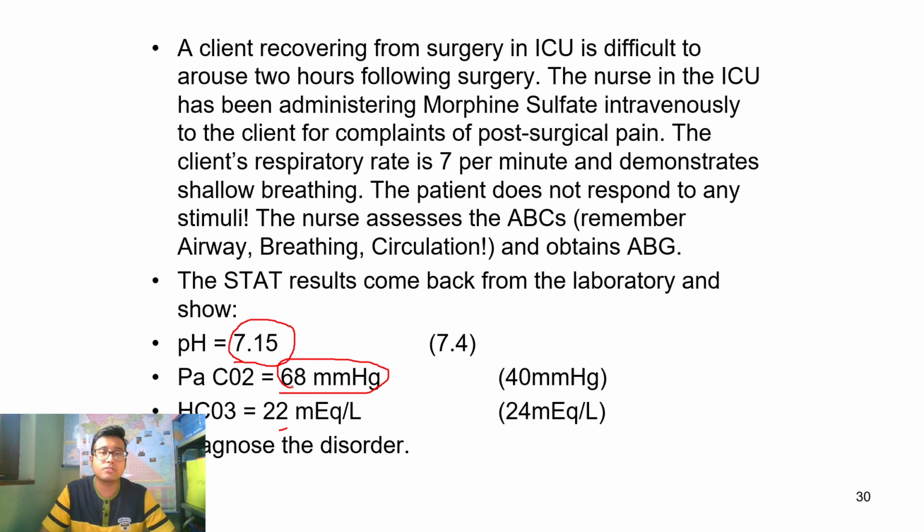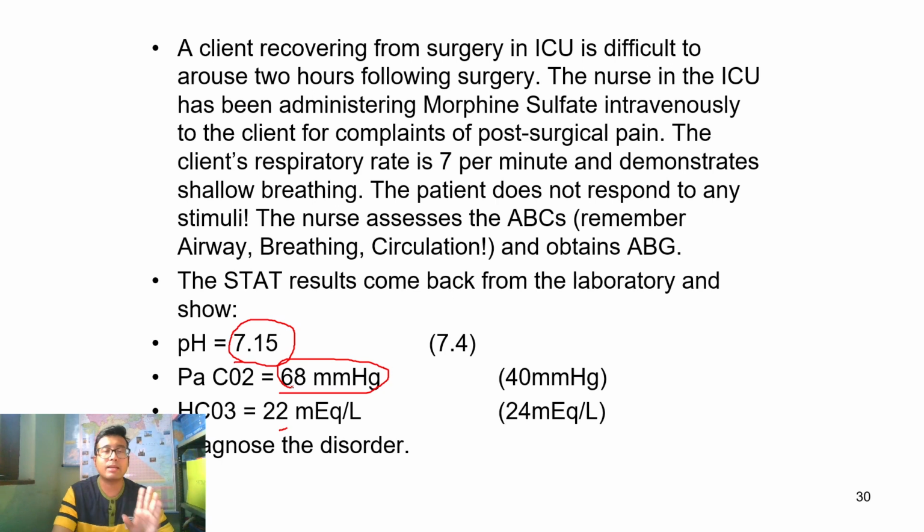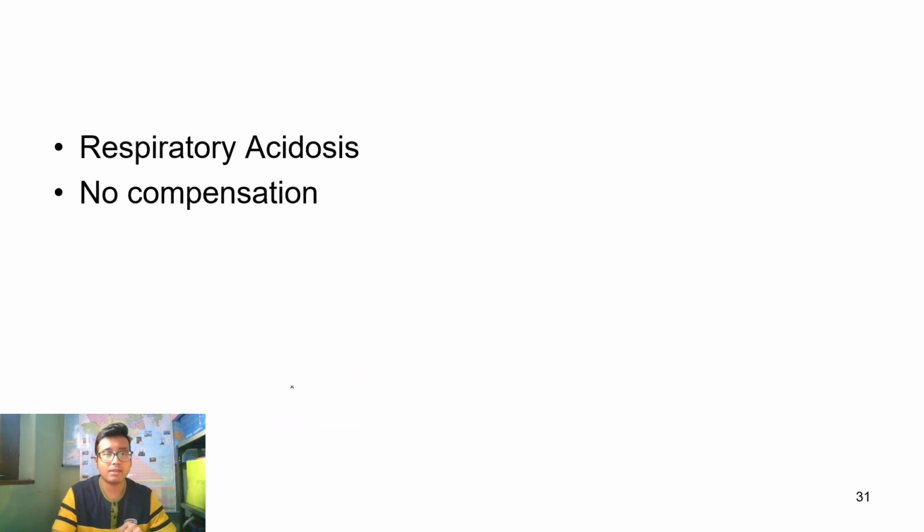What is bicarbonate doing? Bicarbonate is normal, okay. So it's respiratory acidosis and no compensation. Am I clear? There is no compensation from any metabolic component, but purely due to respiratory problem, okay.